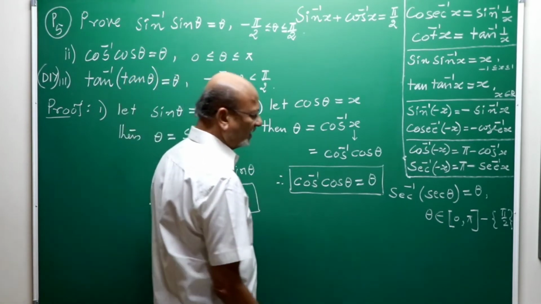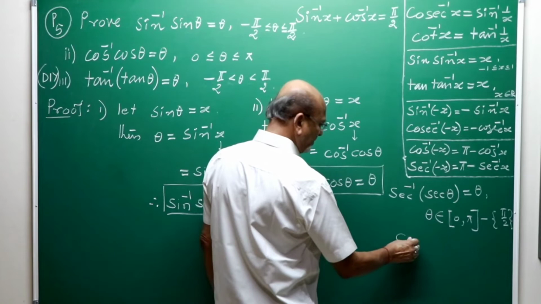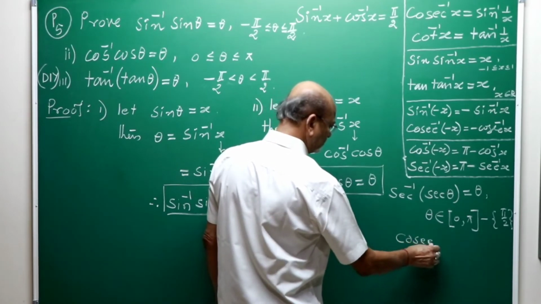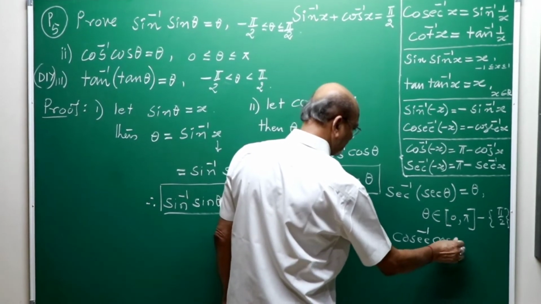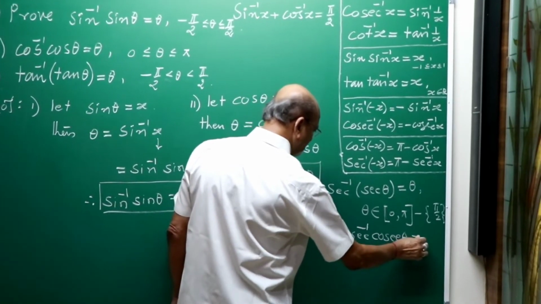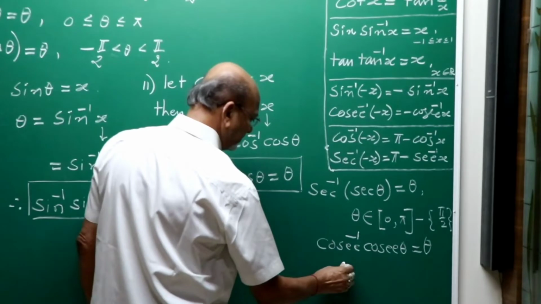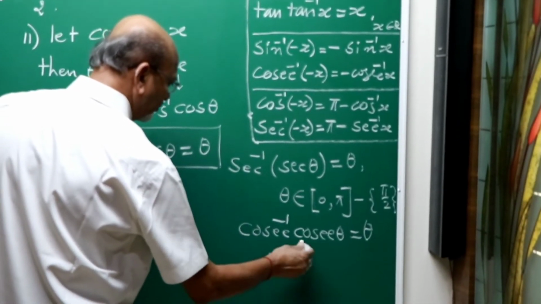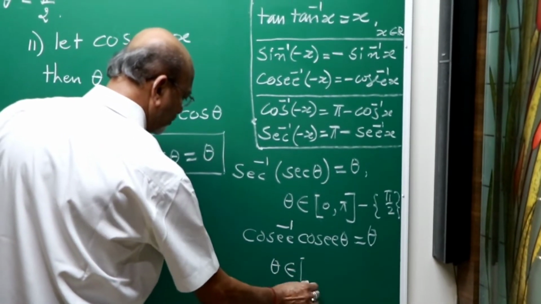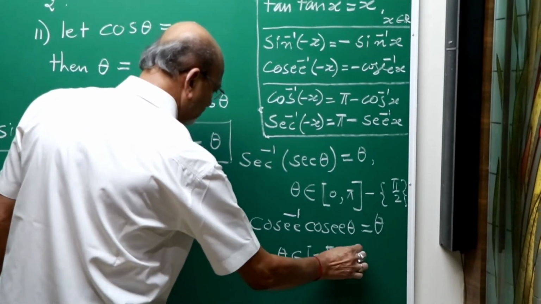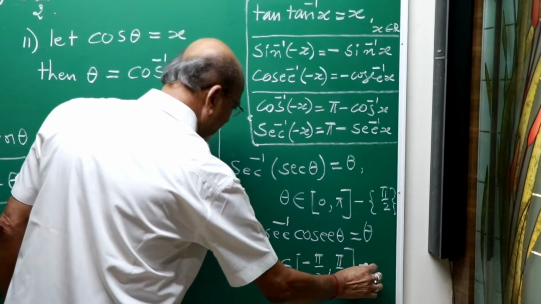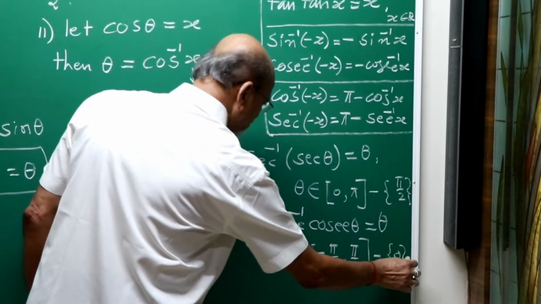Now cosec inverse of cosec theta is theta. Theta belongs to the closed interval minus pi by 2 to plus pi by 2, except the value 0.